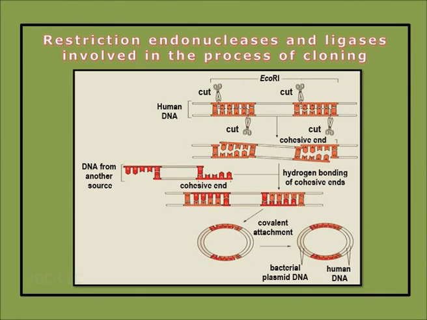Similarly, the insert DNA is also created with the help of restriction enzyme digestion. When the vector DNA and insert DNA are joined together, they may form a linear DNA or a circular DNA.